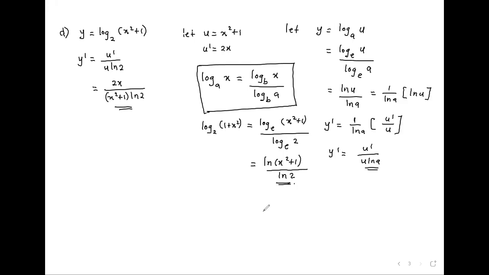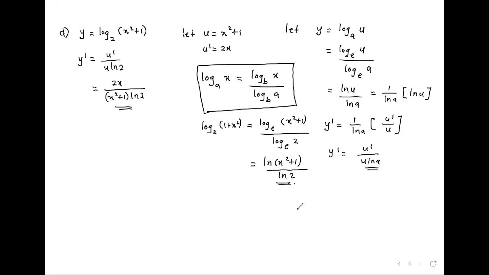Another question. Sir, like the last one, where you just changed the bases, I'm a bit behind. When we simplify this one, x squared plus 1 over ln 2, can we still get the same answer we've just gotten here?